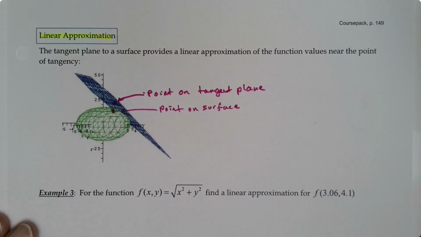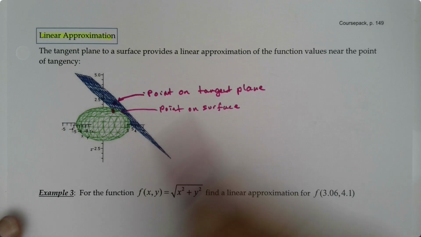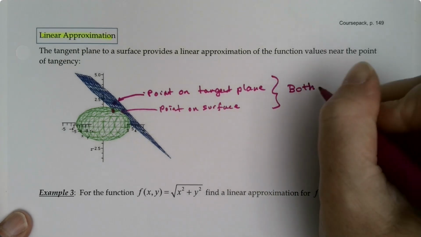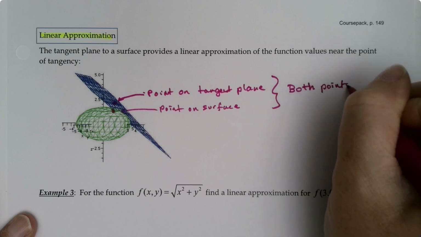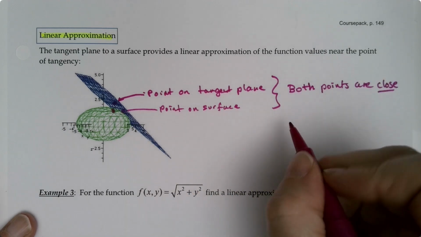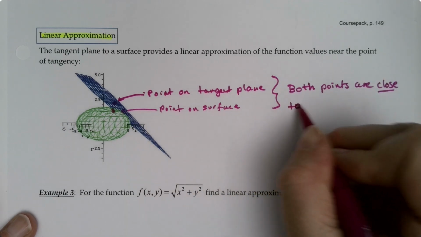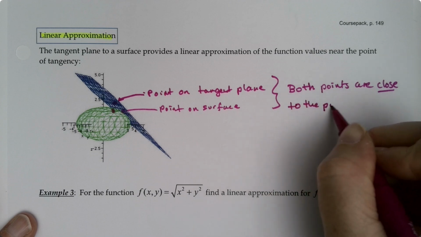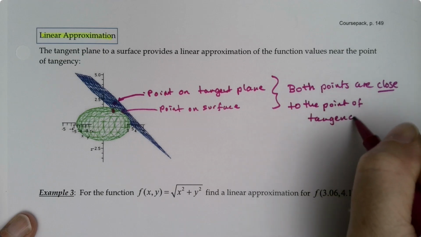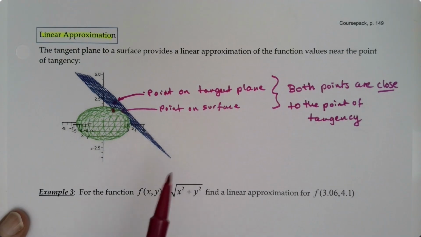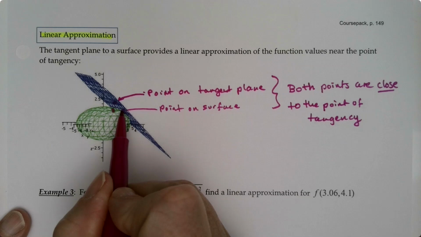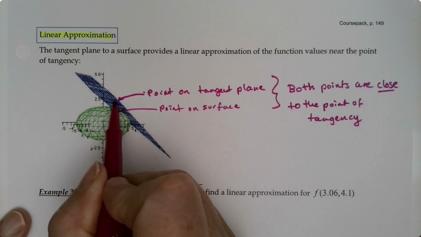And both points are close to the point of tangency. Okay, so when that's the case, the point of tangency is over here. So we have this point on the surface right here. We have a point on the plane.